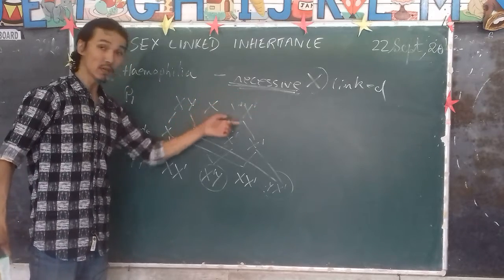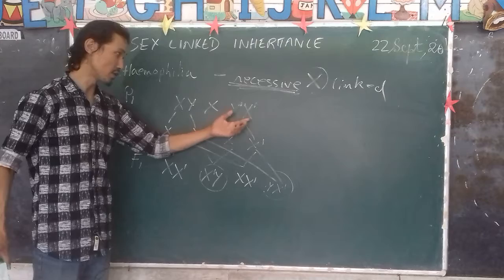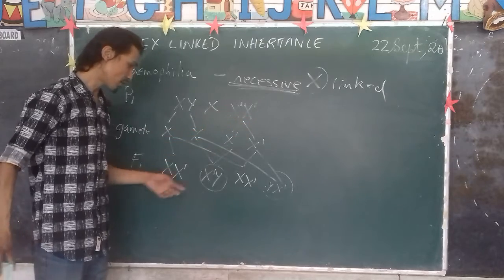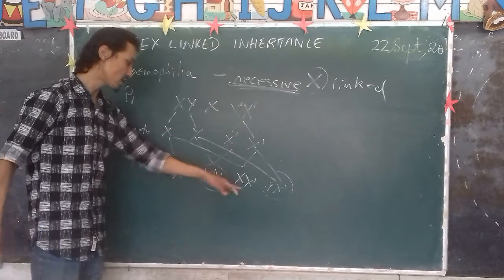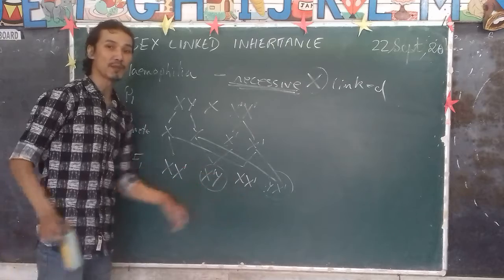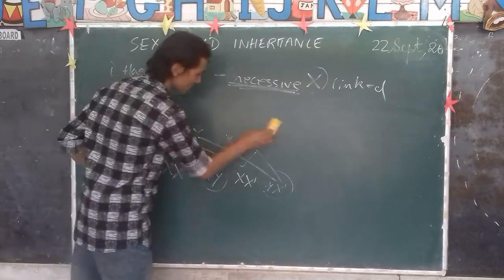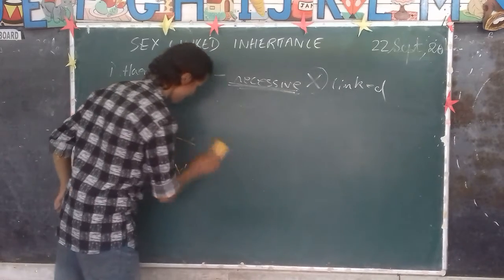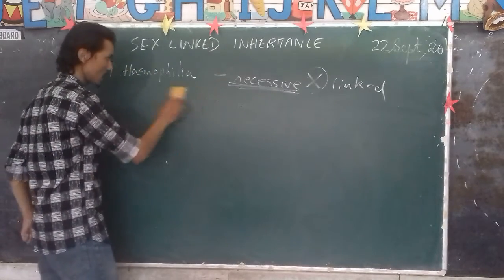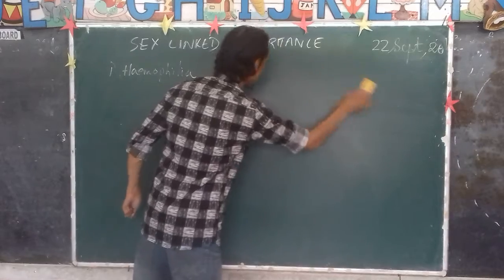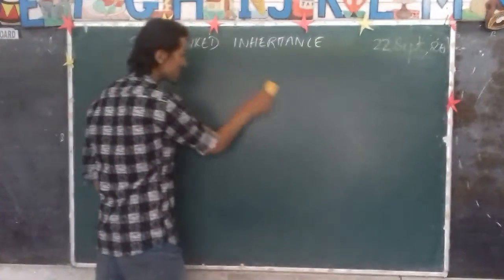It has to be in the homozygous recessive condition to be expressed. So in these offsprings, the females might be the carriers and the males might be the sufferers. So these are a few sex-linked inheritance disorders.